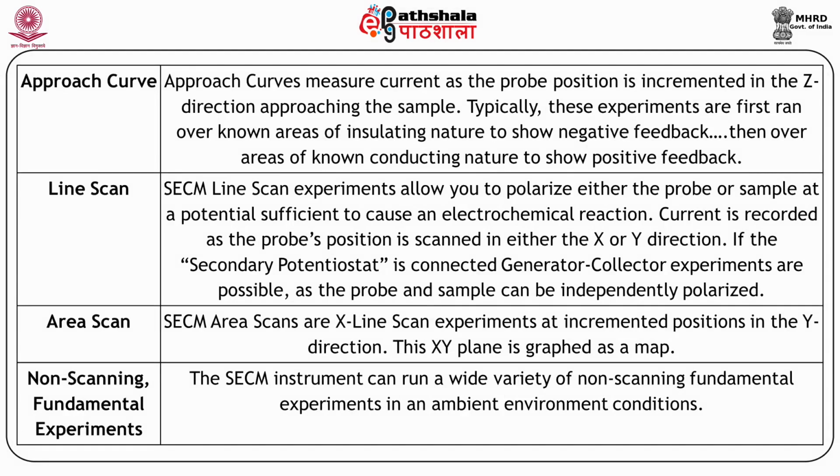Approach curves measure current as the probe position is incremented in the z direction and approaches the sample. Typically, these experiments are first run over a known area of insulating nature to show negative feedback, then over areas of conducting nature to show positive feedback.